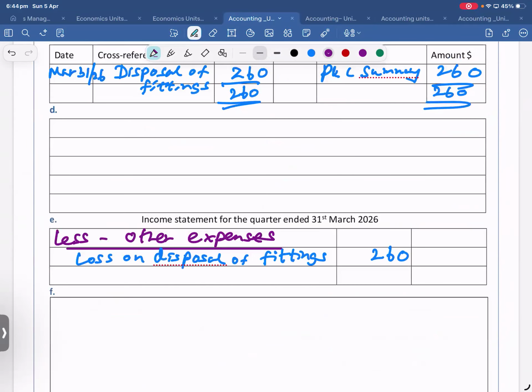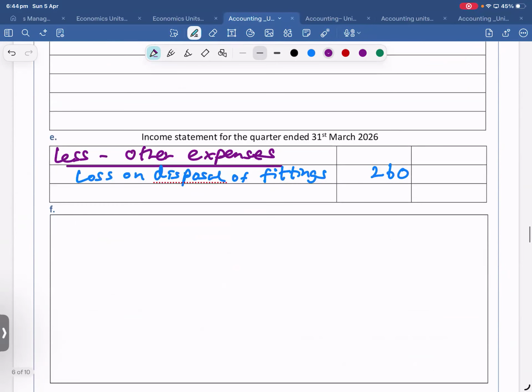Before accumulated depreciation, we had to calculate the depreciation expense. So how do you calculate the depreciation expense, guys? Carrying value times the depreciation rate, yes?